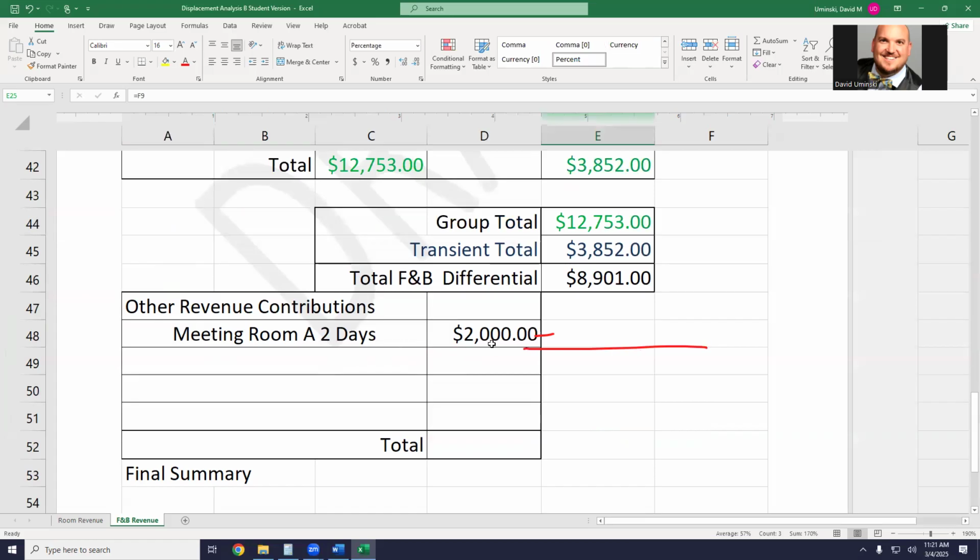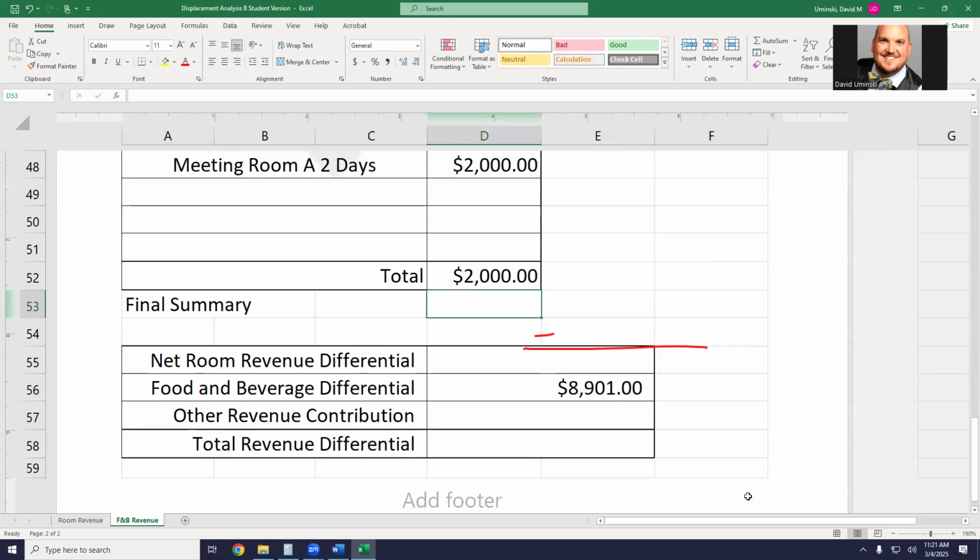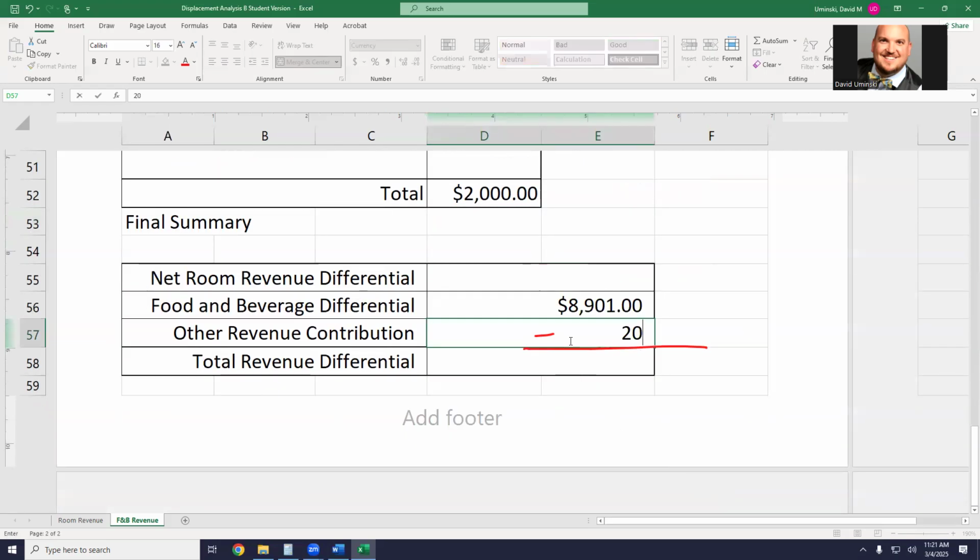Meeting rooms for 2 days is $2,000. So that's my total other revenue, an extra $2,000 in other contributions.